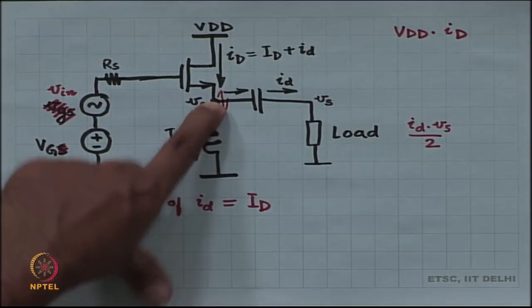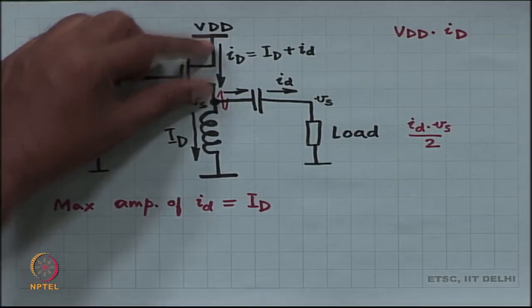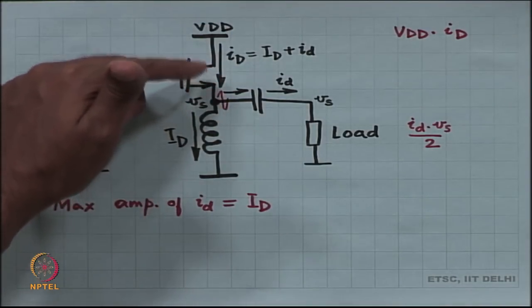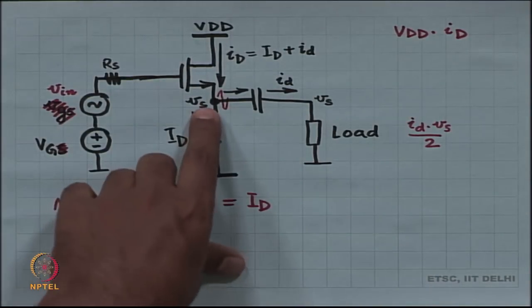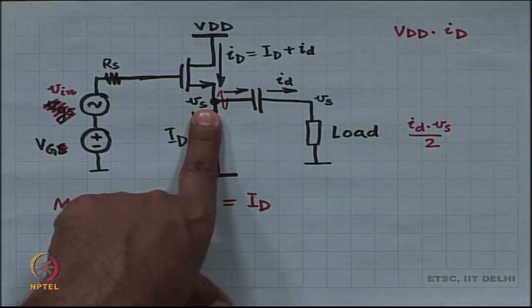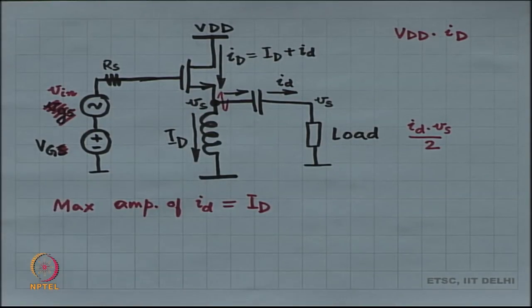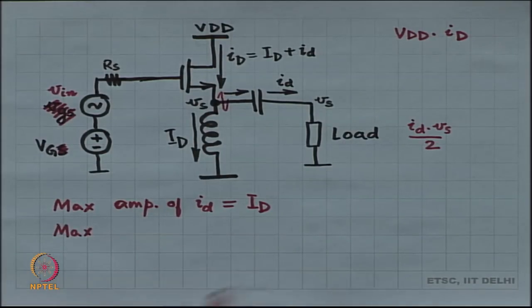When it goes up, it has to maintain this MOSFET in saturation, which means that at best it is going to be VGS minus VT less than VDD. If I say that VGS minus VT is nothing, then at best it is going to go all the way till VDD, which means that the maximum amplitude of small v sub small s is nothing but VDD, and that too is overly optimistic.